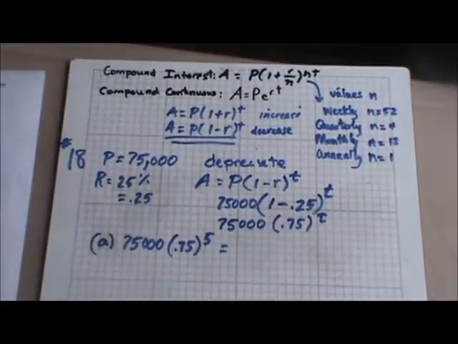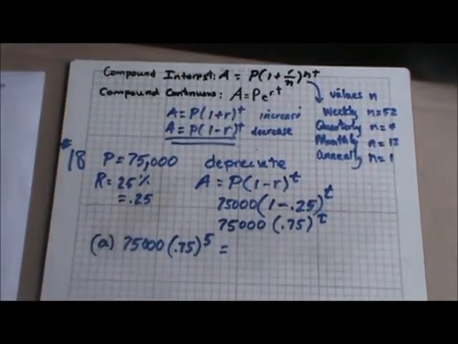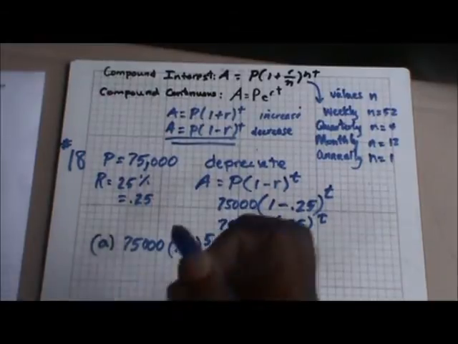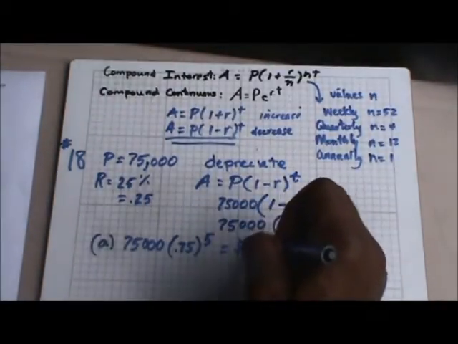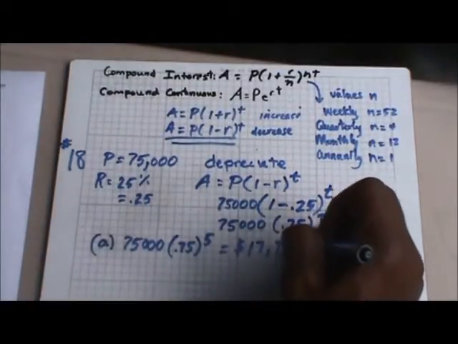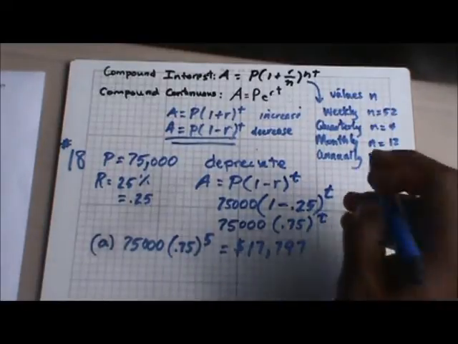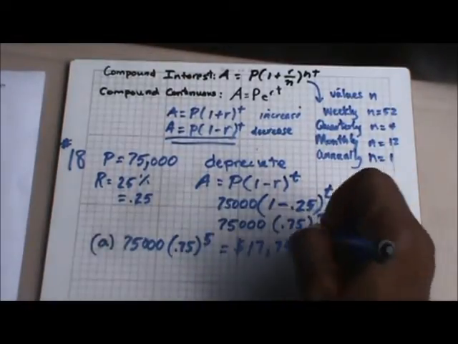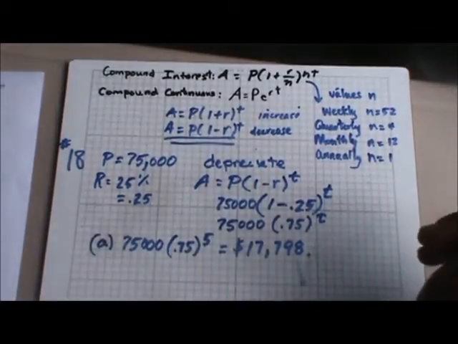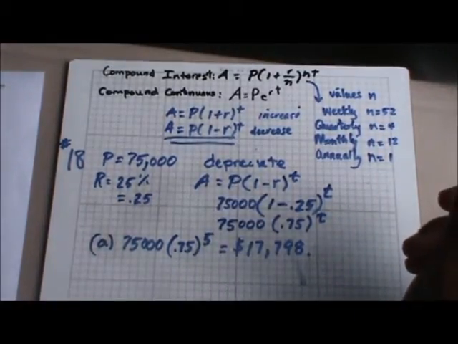If we do that correctly, the car is worth $17,797.85, so $17,798 would be the answer to the nearest dollar.